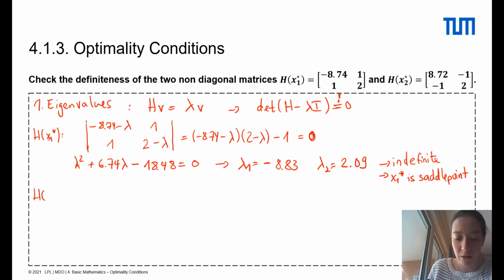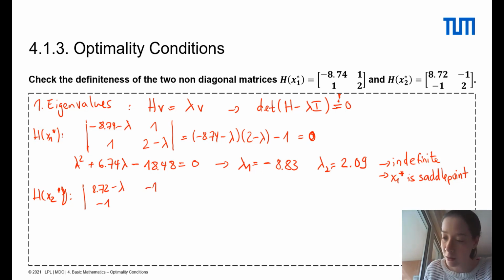And for H of x2 star, we have 8.72 minus lambda, minus 1, minus 1, and 2 minus lambda. So that's lambda squared, again this times this, minus this times this.